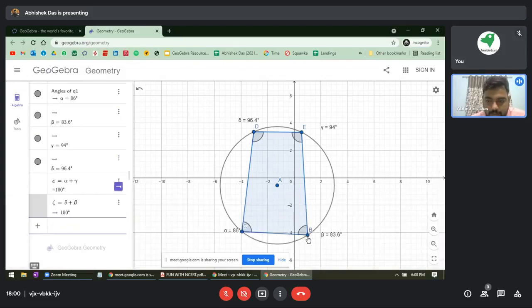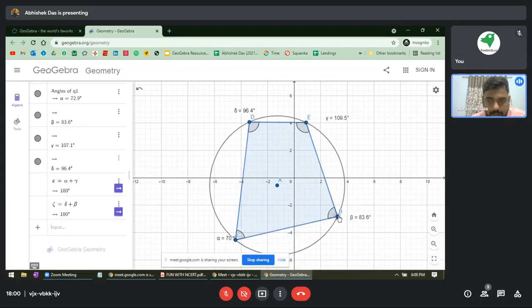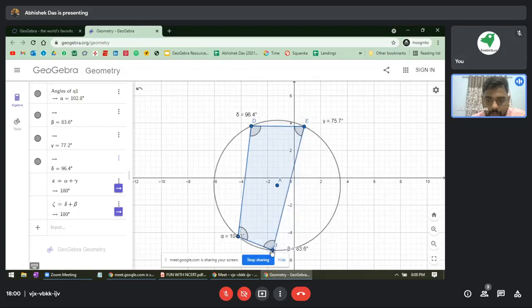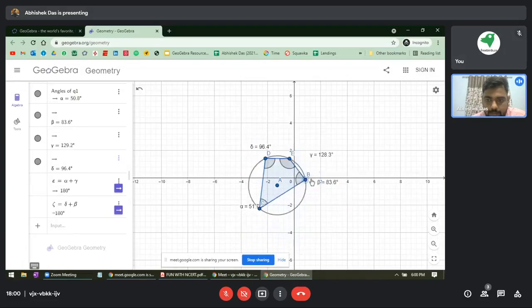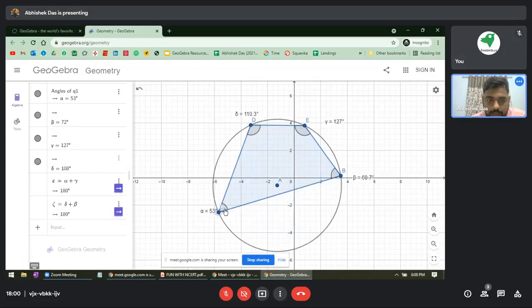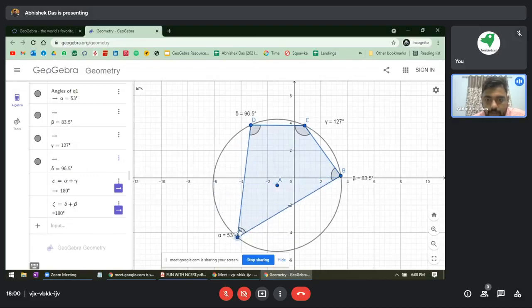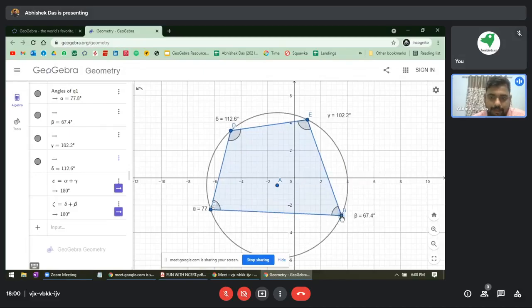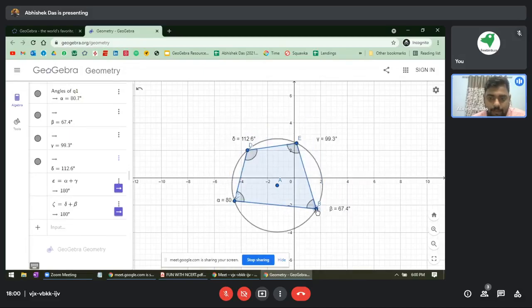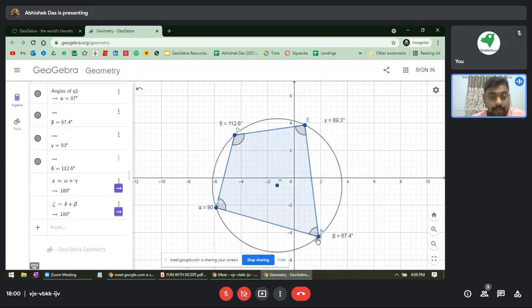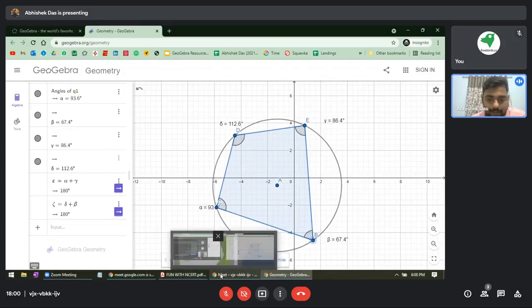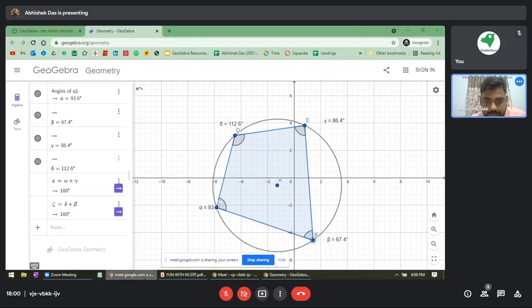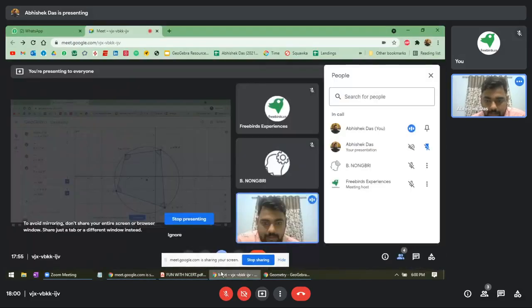So what we have achieved out here is you can move around this point, all right? And you will see the sum of the opposite angles is always equal to 180 degrees. Right? So this is a simple proof where you can see that this actually works.